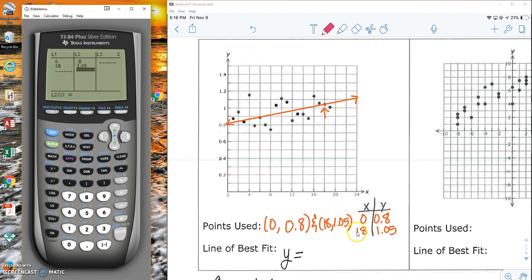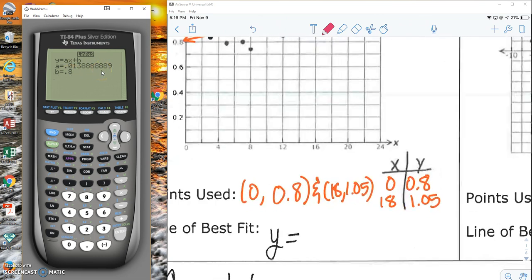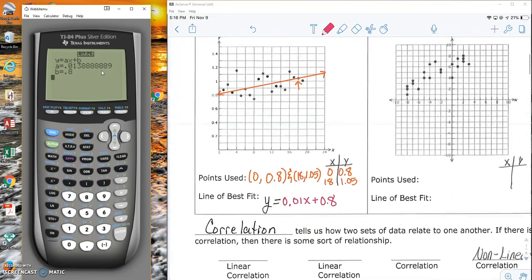I'm making this Stat Edit table in my calculator look just like my paper. Stat Calc 4. And I can see my pretty ugly equation. So that would be 0.01x plus 0.8 is my line of best fit.